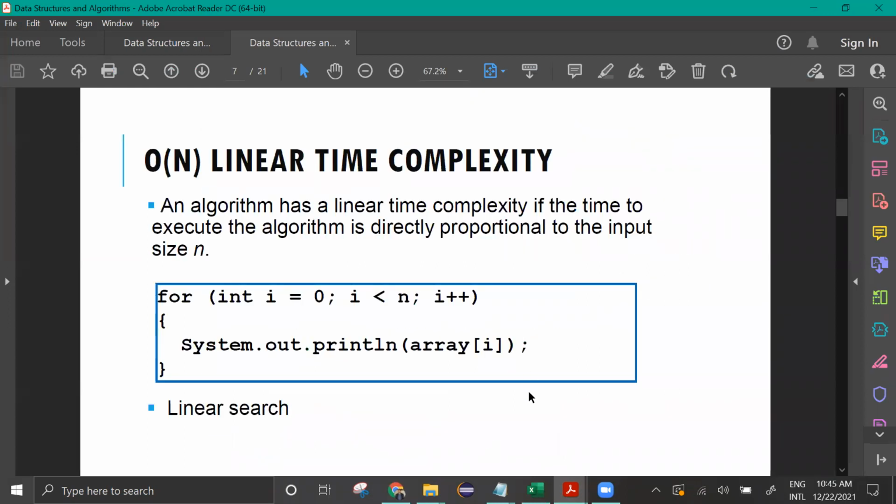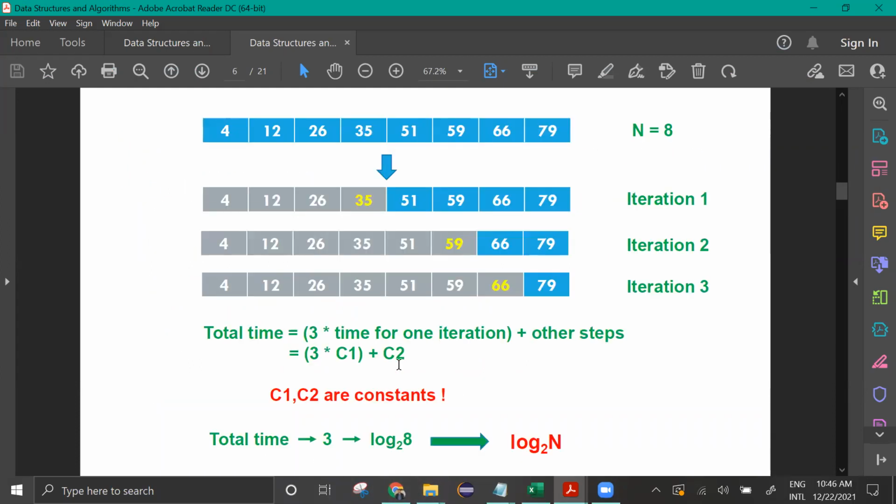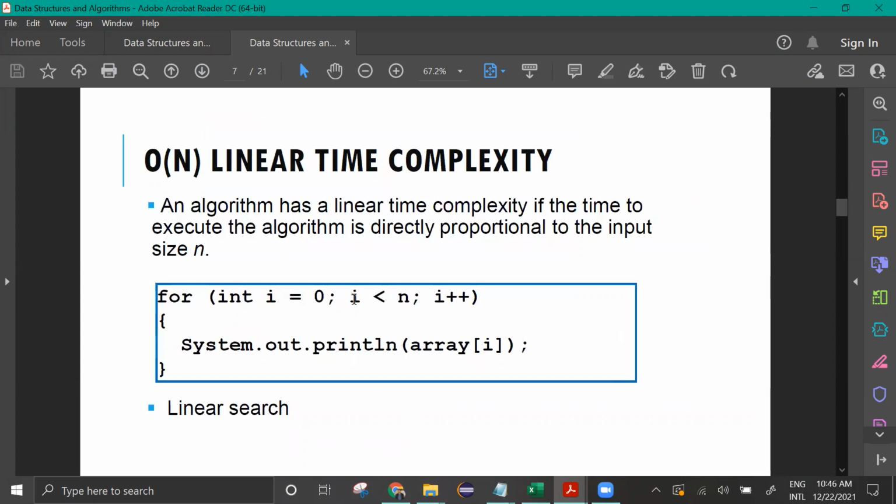Right. So then linear time complexity. It is very simple. Linear search has linear time complexity. The reason is, in linear search, if the array is not an ordered one, we have to go through the array and find the value.